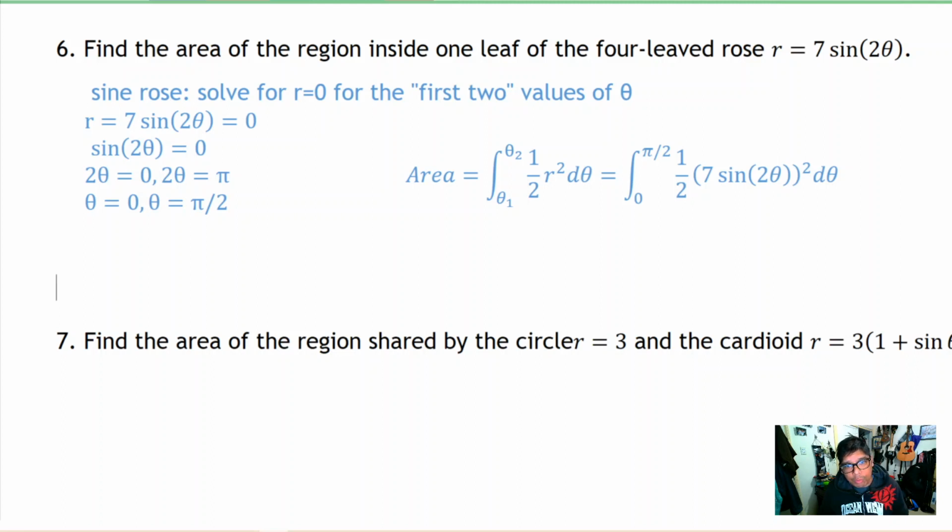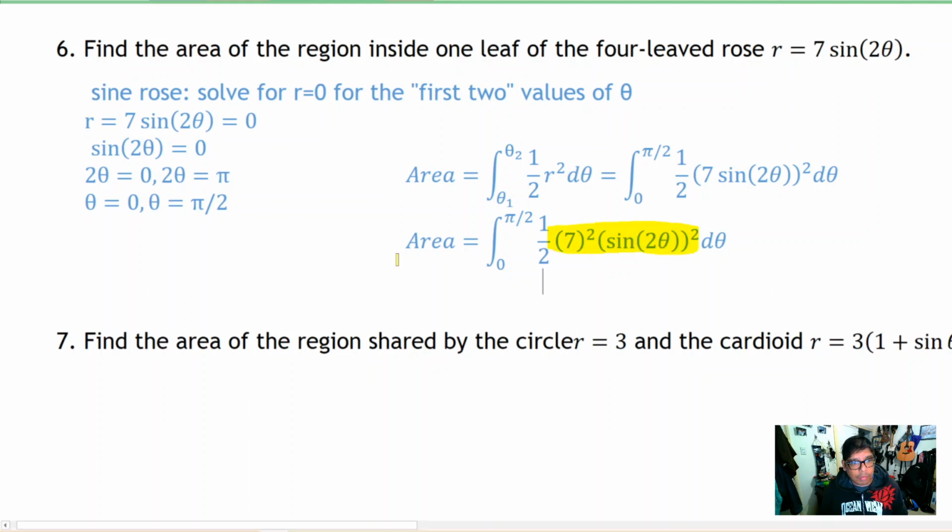This gives us our full integral that we're going to have to evaluate to find the area inside one leaf of that four-leaved rose. Now we're going to go through the process of simplifying this. The first thing to do is to square everything inside the parentheses. 7 squared becomes 49. Half of 49 becomes 49 over 2. The square of sine of 2 theta, we'll rewrite as sine squared 2 theta.